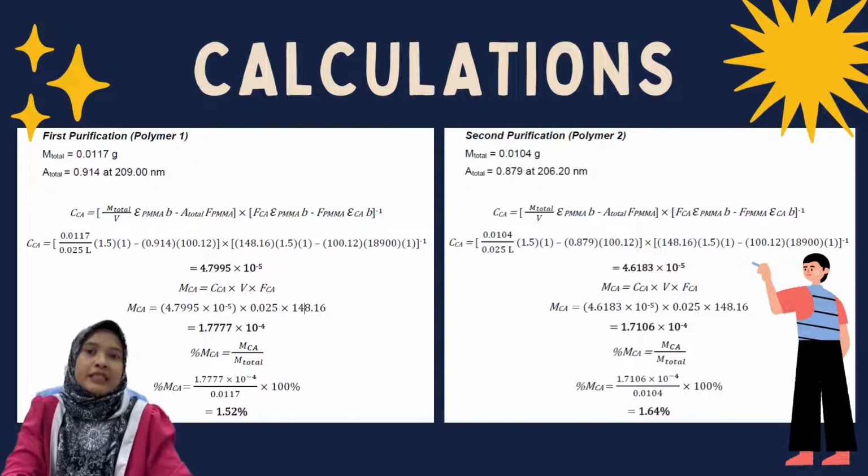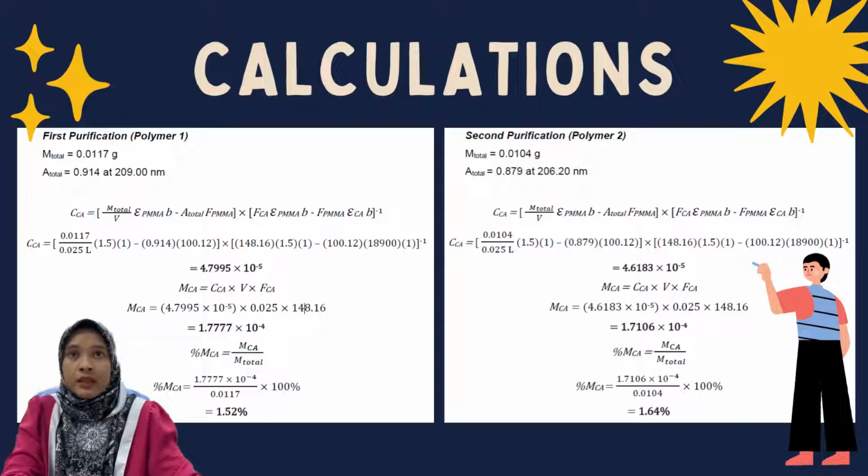Okay, by referring to the spectrum peak for polymer 1, we can calculate the percent of the cinnamic acid by using this formula. The M total used was 0.0117 gram, which is the weight of polymer 1, and the A total is 0.914 at 209 nanometer.